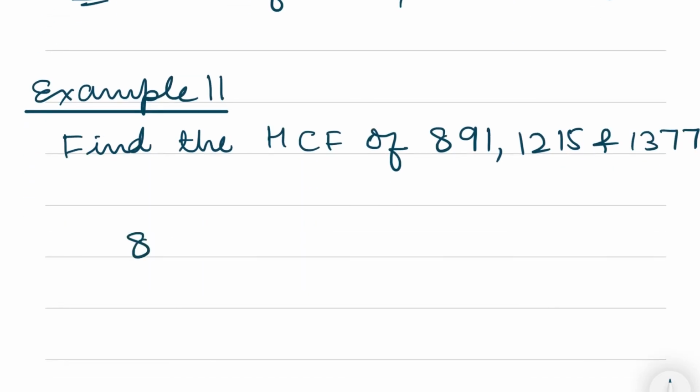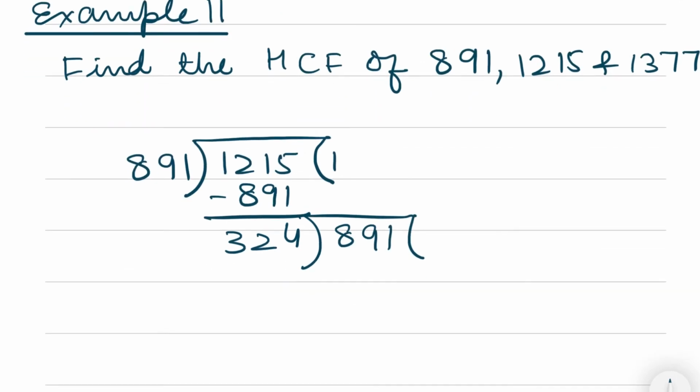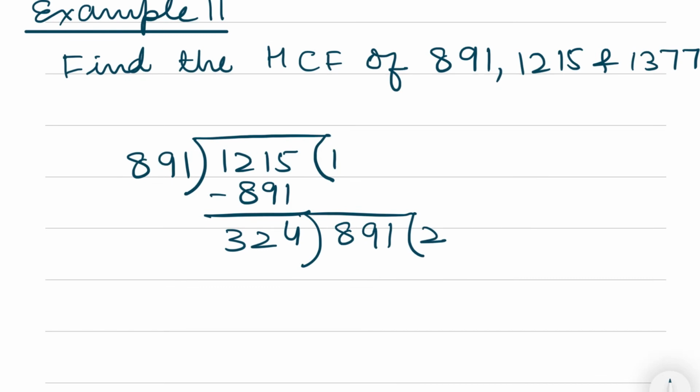So taking the first two numbers, the smaller one, 891, becomes the divisor, and the larger one becomes the dividend. So this goes one time. 891, subtracting, we get 324. Now the previous divisor becomes the dividend, and this goes 2 times.